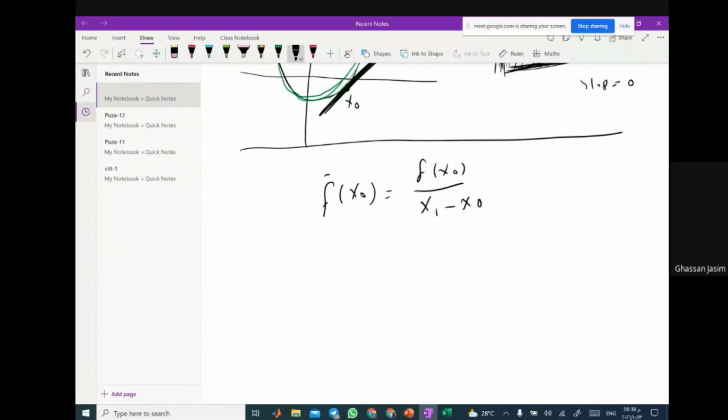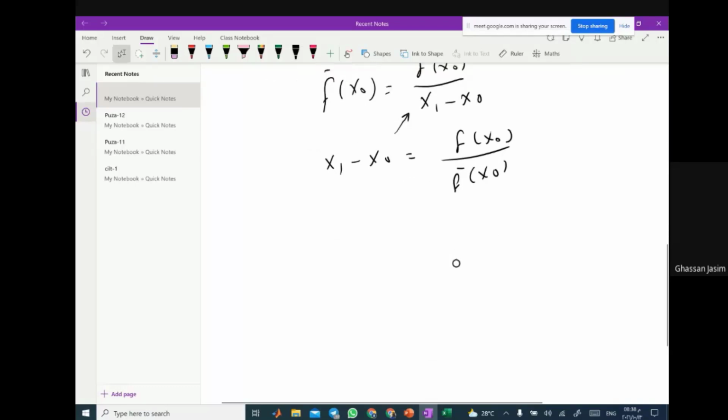Now, what I want is x1. Let's rearrange this. It will be x1 minus x naught equals f of x naught over f dash x naught.